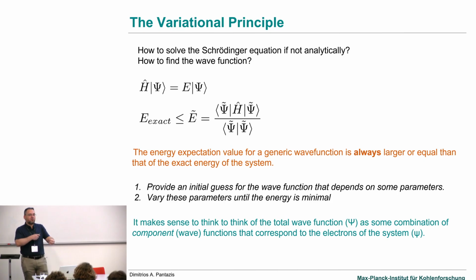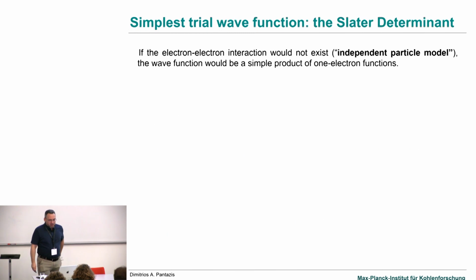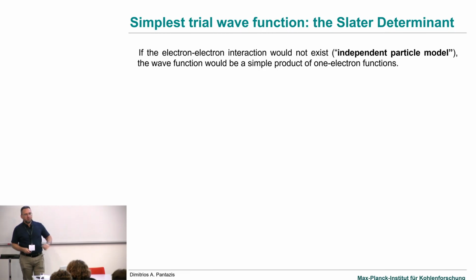But now, how do we actually write a trial version of the wave function? What people have historically found very useful is to write the wave function of the whole molecule as a combination of simpler wave functions that describe the electrons. So each electron has some sort of wave function.